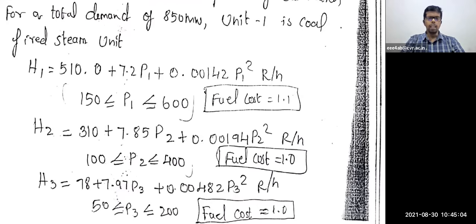In that, the first one is the thermal, that is the coal-fired generating unit.